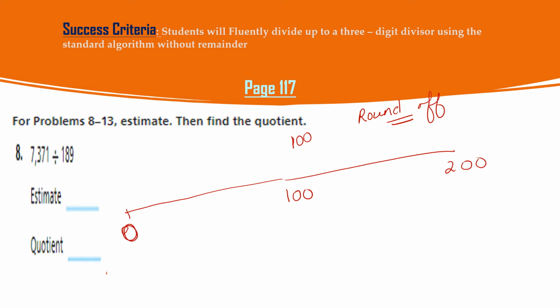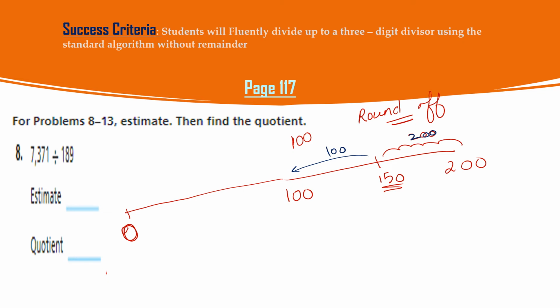Let's try this one, 3 digits. From 150 and onwards, in estimation, you round off to 200. If you have less than 150, you will round off to 100.